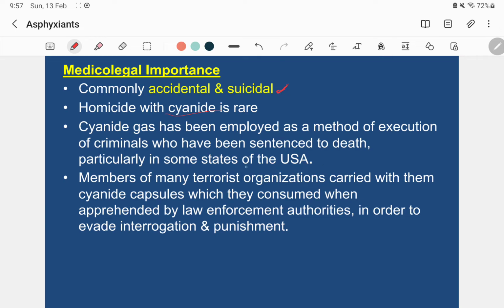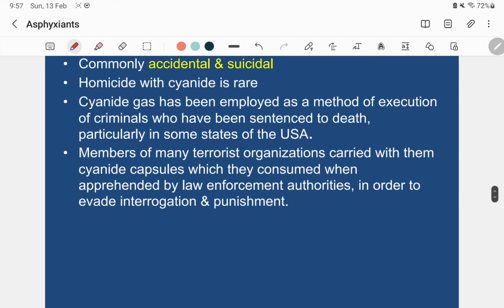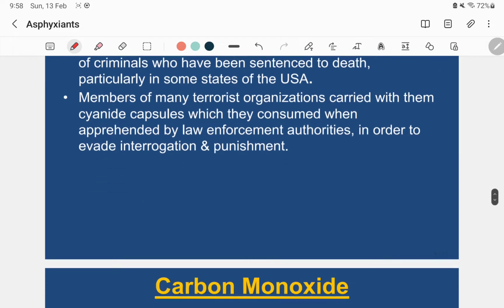And members of mainly terrorist organizations carry cyanide capsules, which they consume when apprehended by law enforcement officers to evade interrogation and punishment. That is very important.